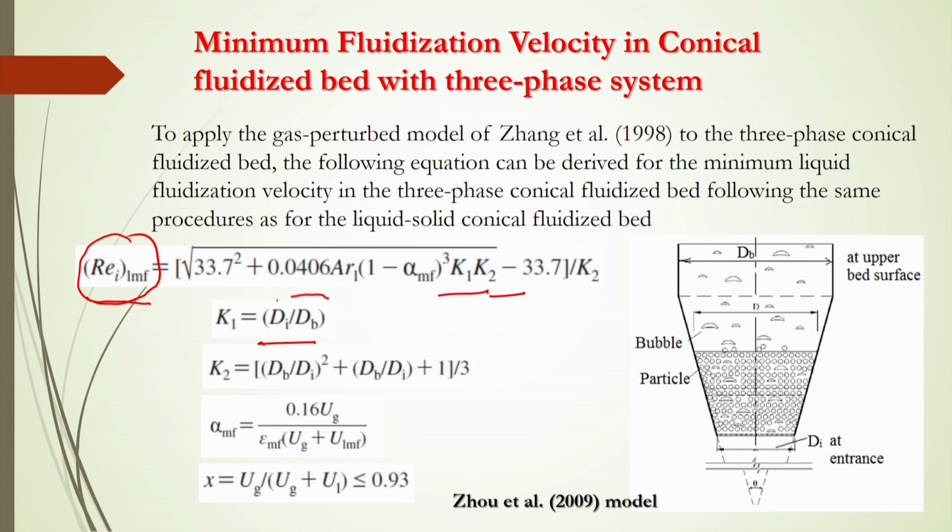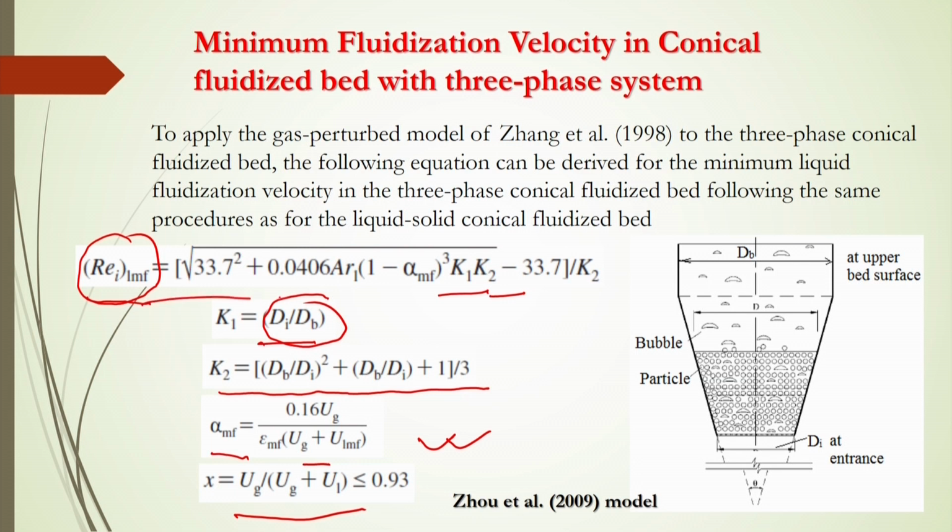K1 is defined as di by dB, and K2 is dB by di, and also alpha mf, this minimum gas void fraction, is again a function of the gas velocity and liquid velocity. This is applicable only if the ratio of gas velocity to the mixture of gas and liquid velocity is less than 0.93.